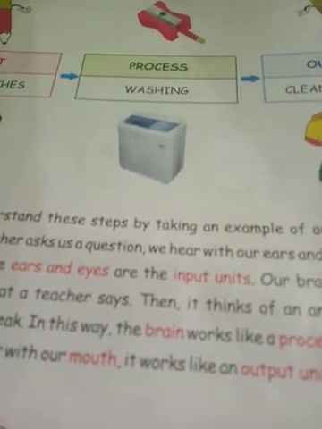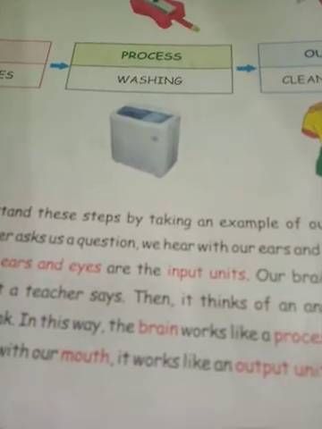Okay, now you will understand with this. For example, if I am teaching you something in the class, you are listening with your ears and watching with your eyes. So your eyes and ears are input, from which you are getting the information. Then I will say that I will ask after some time.